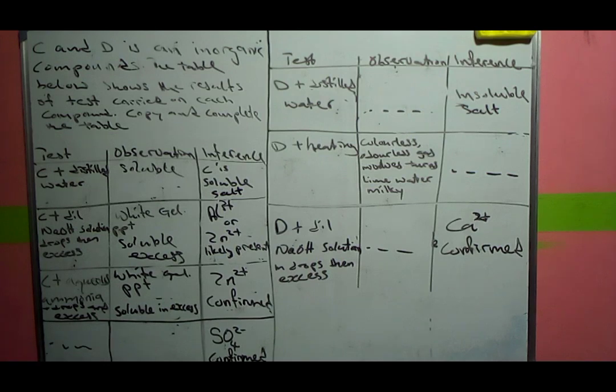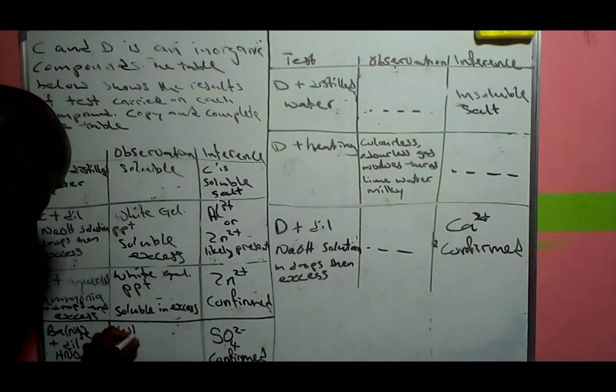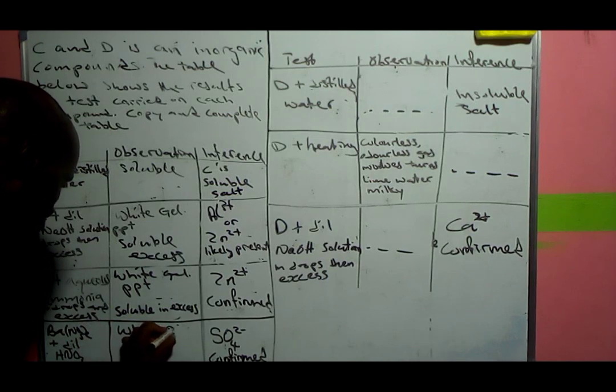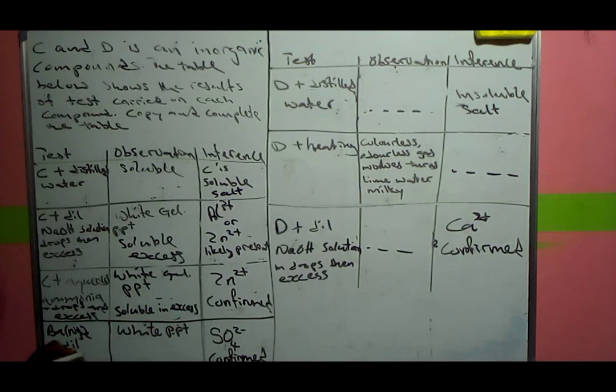Or alternatively, we can use barium nitrate and dilute nitric acid. By using it, now we will have a white precipitate, insoluble.